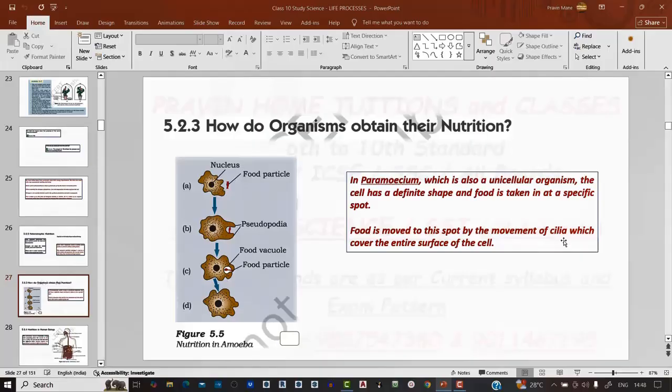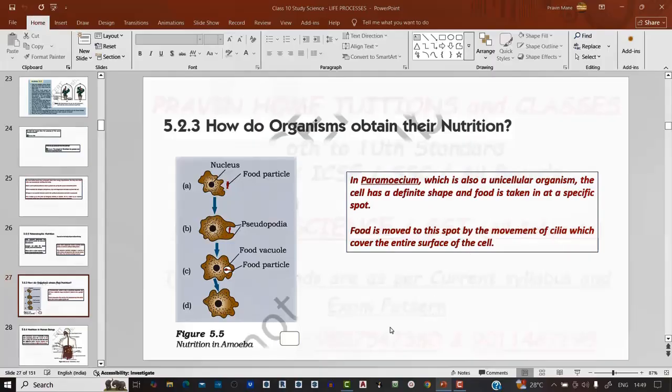Now, how do organisms obtain their nutrition? As you know, organisms are unicellular and multicellular. First, we'll see how the nutrition process takes place in unicellular organisms like amoeba and paramecium.